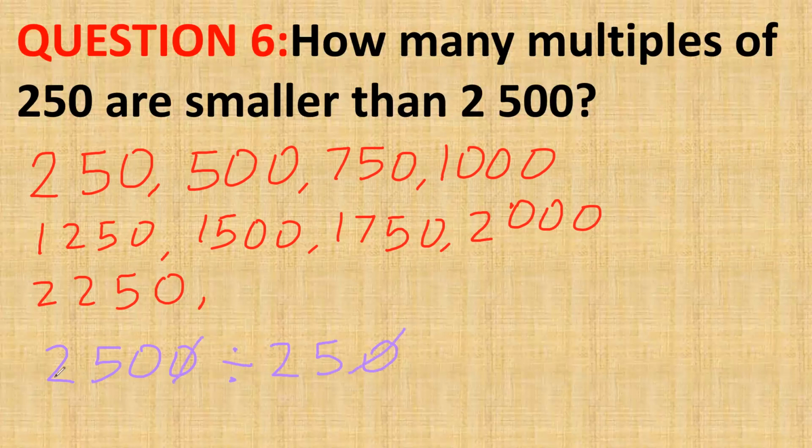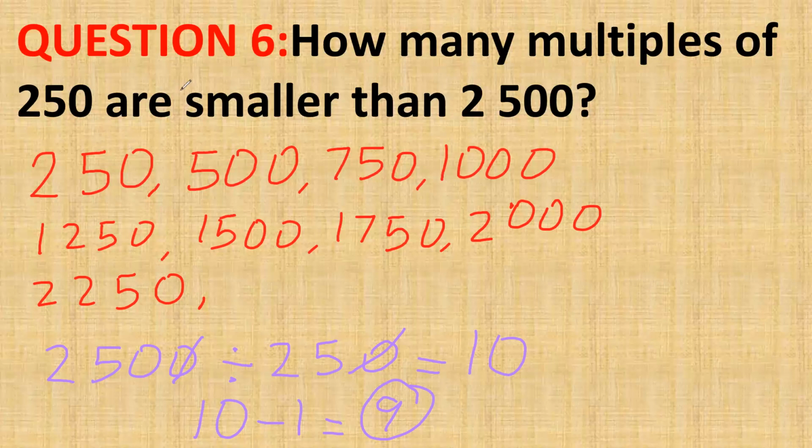You cancel zeros, and then 250 over 25, 25 over 25 is 1, and then we have the 0 here. The answer is 10. The next step, we said minus 1. 10 minus 1, you are getting 9. So we have 9 multiples of 250 smaller than 2,500. This is our solution for this question.